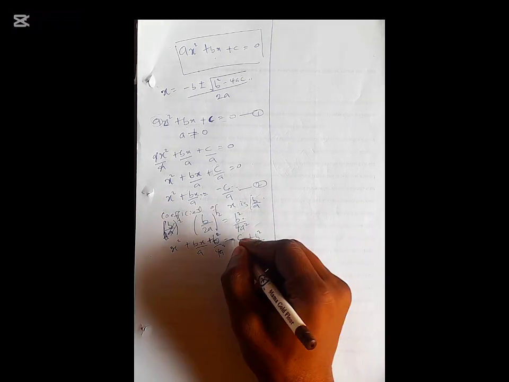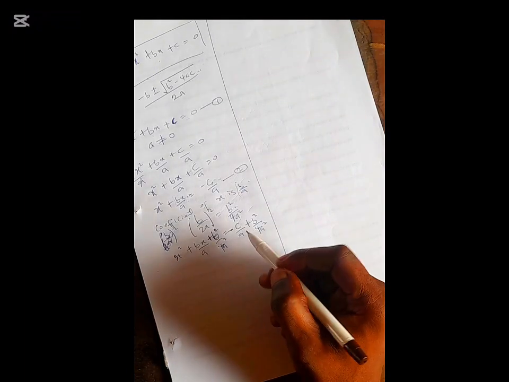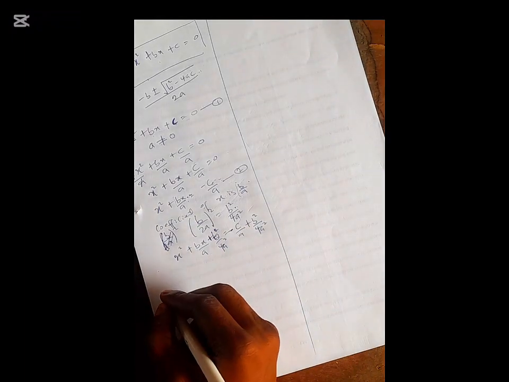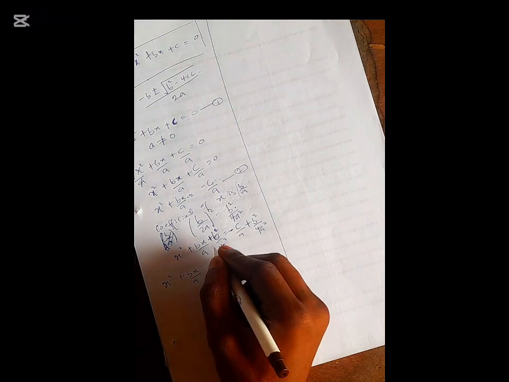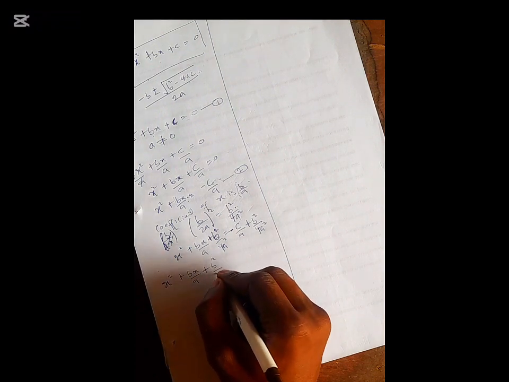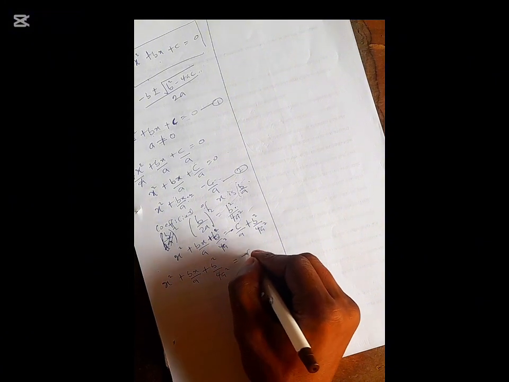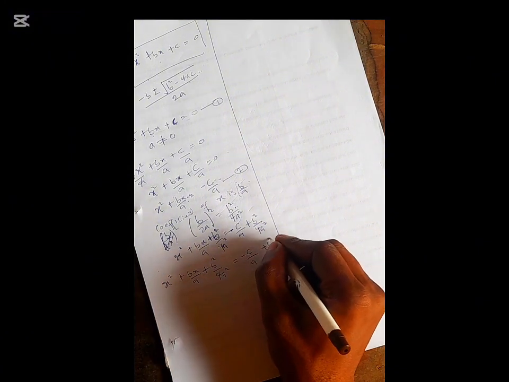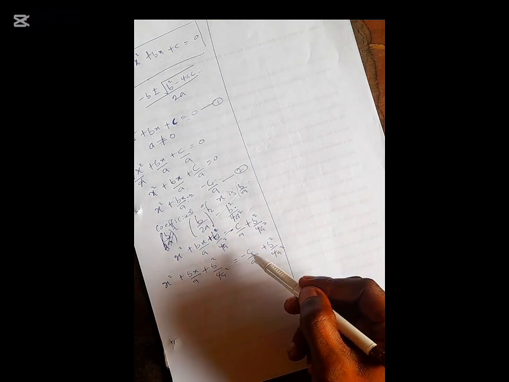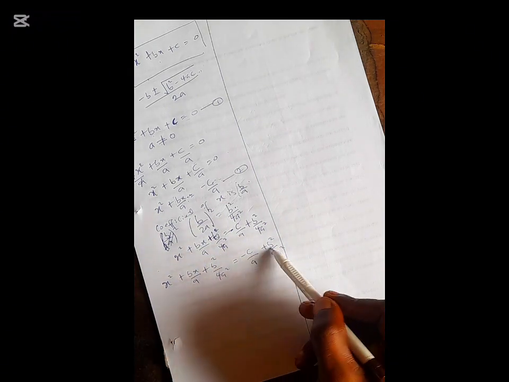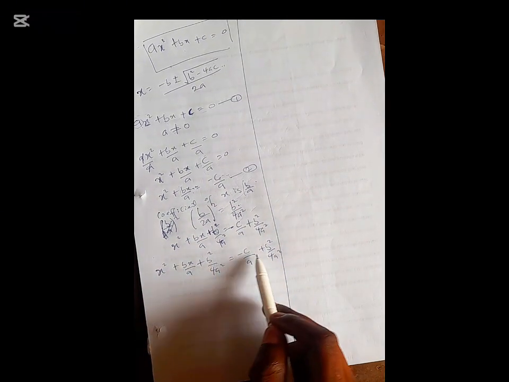So let me write it out properly so that it will be clear. x squared plus bx over a plus b squared over 4a squared equals minus c over a plus b squared over 4a squared. You can see they can still cancel out each other, so we have not changed the equation. It's just that we manipulate it so that we will be able to factorize this and this.